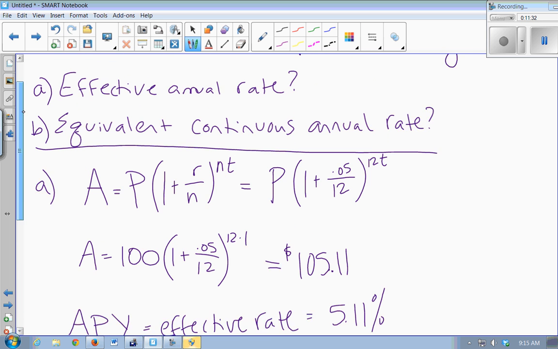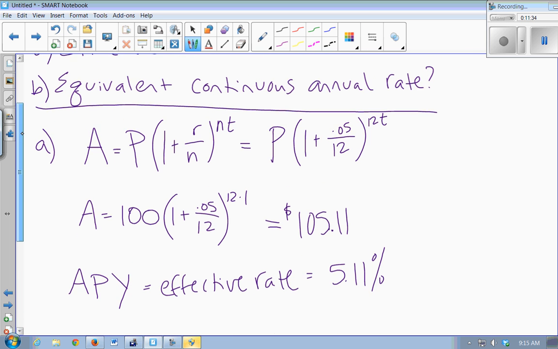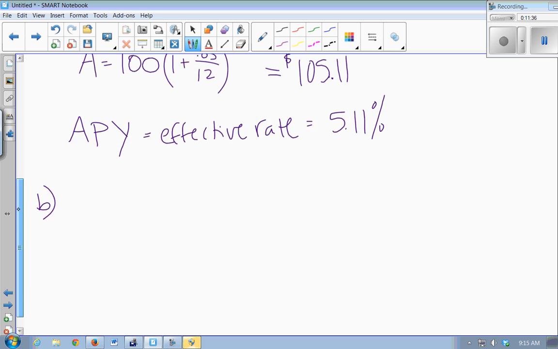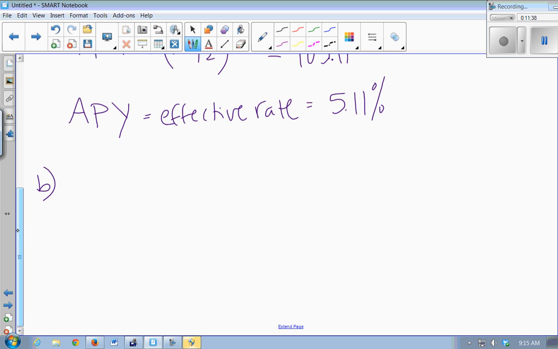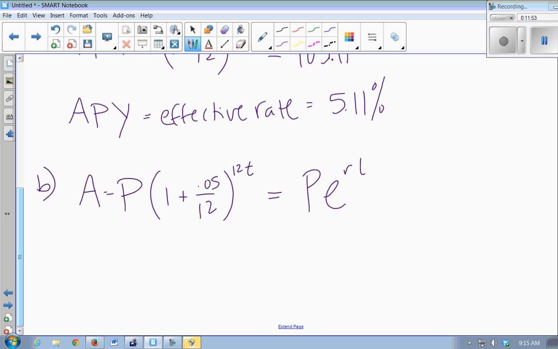Okay, so for B, I would like to find an equivalent continuous annual growth rate. So I have P times 1 plus 0.05 over 12 to the 12t. I would like to figure out what R value makes these two things the same.